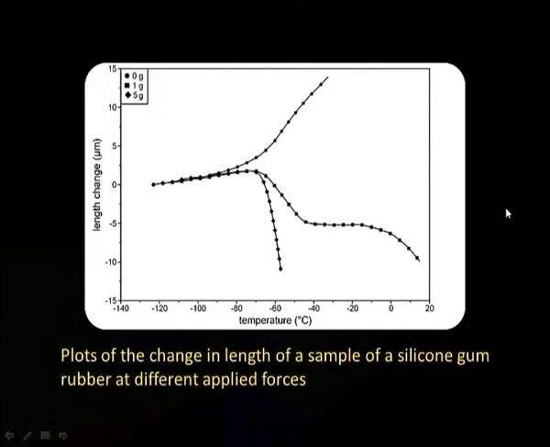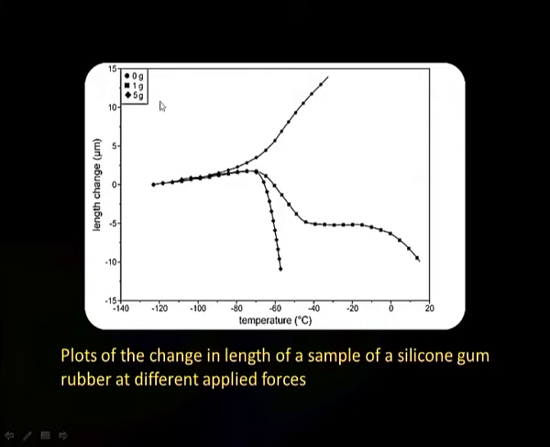Now, this is the plot of the change in length of a sample of silicone gum rubber at different applied forces. You can see here that we have applied a force of 0 gram, 1 gram and 5 gram.